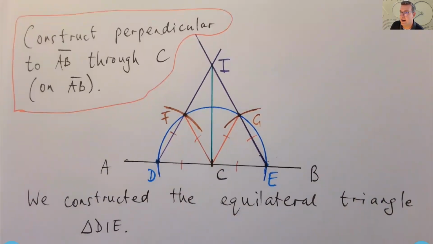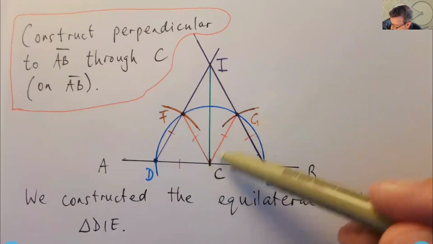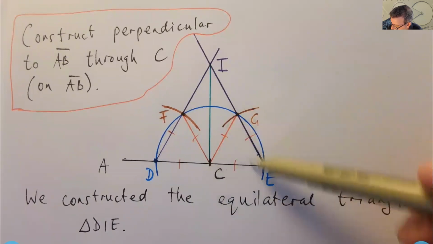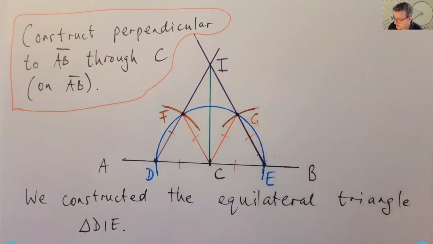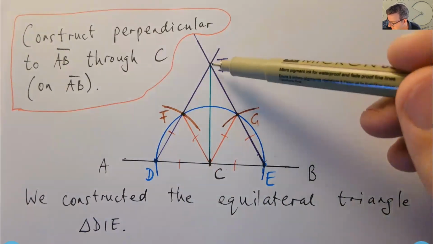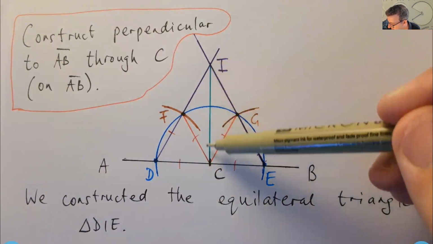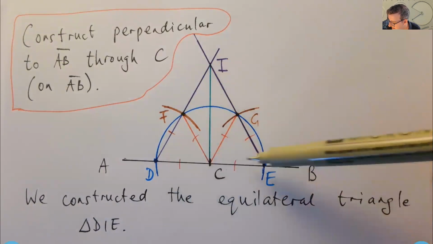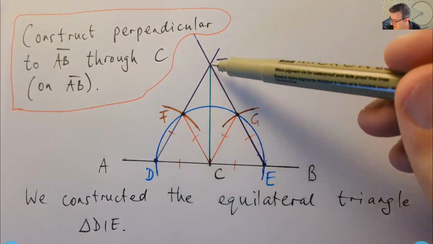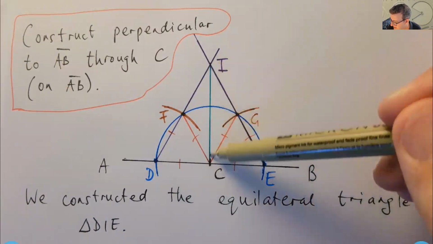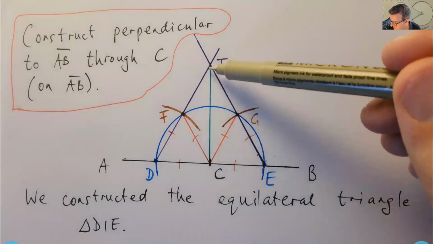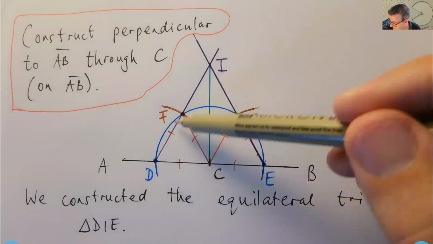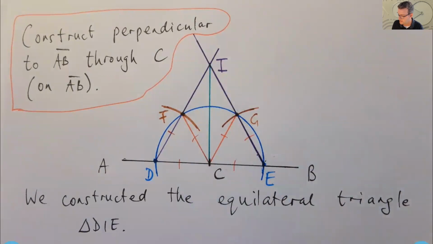Now, you can justify that by just comparing this triangle with the larger triangle and use similar triangles. That's not really the point of this video. But to justify that this line segment IC is perpendicular to DE, well, that's pretty easy. You can just compare this triangle with this triangle, okay?